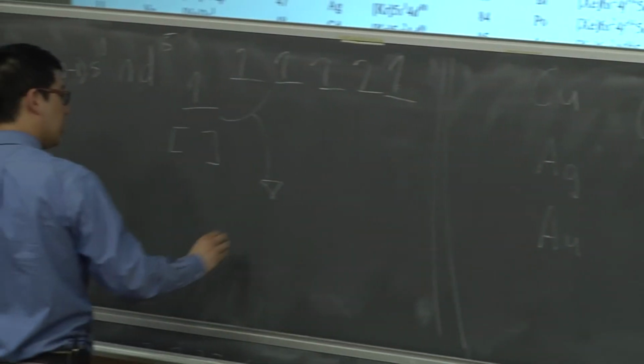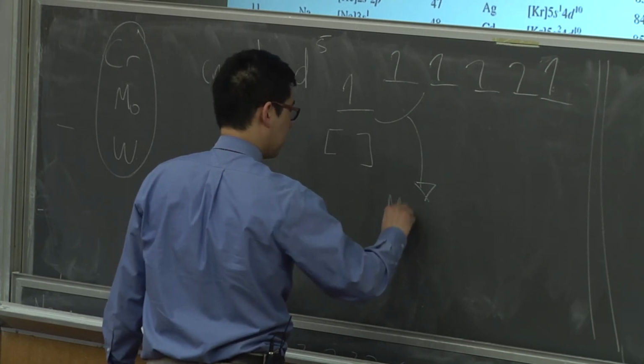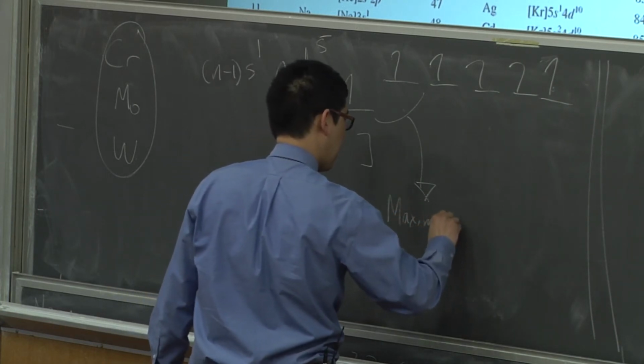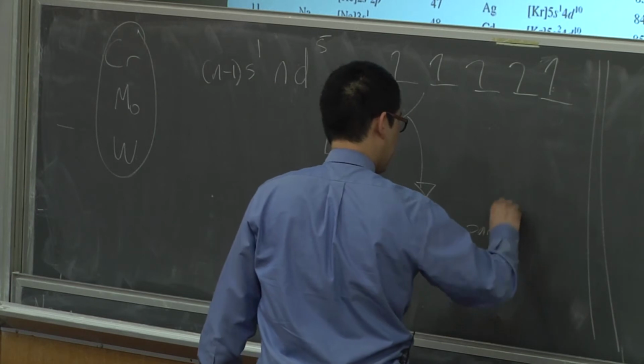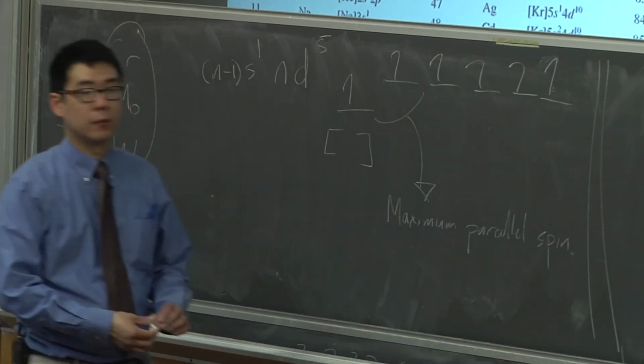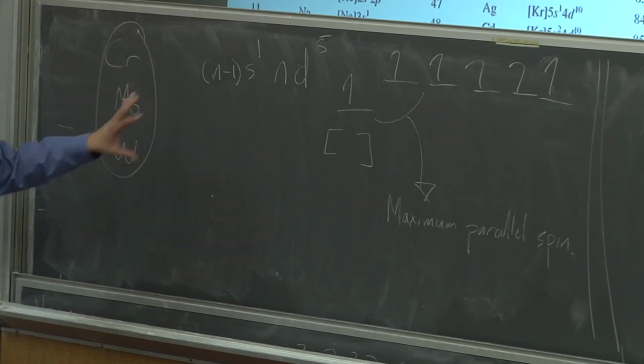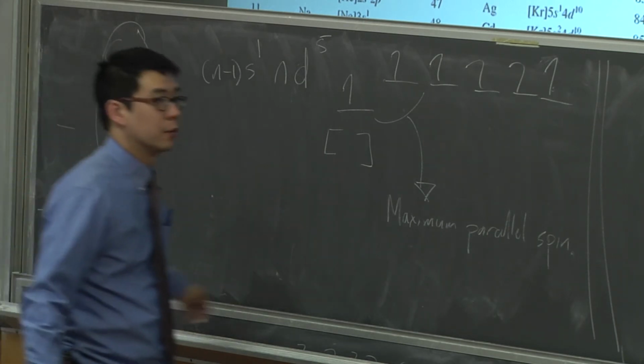You have maximum parallel spins. And so these are the 2 groups of exceptions that we'll have to remember.